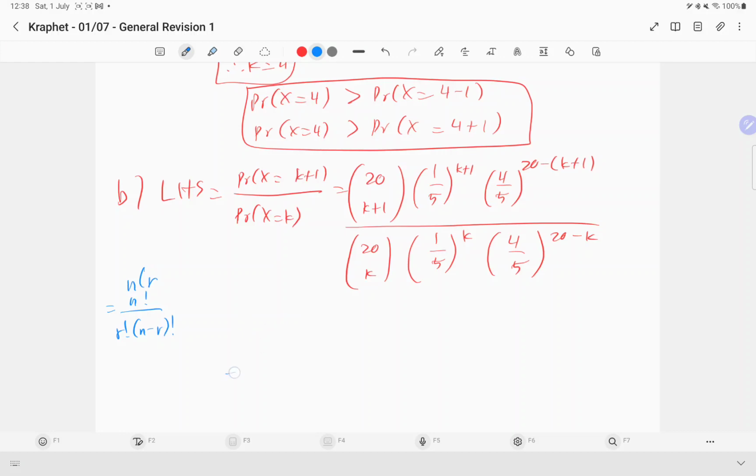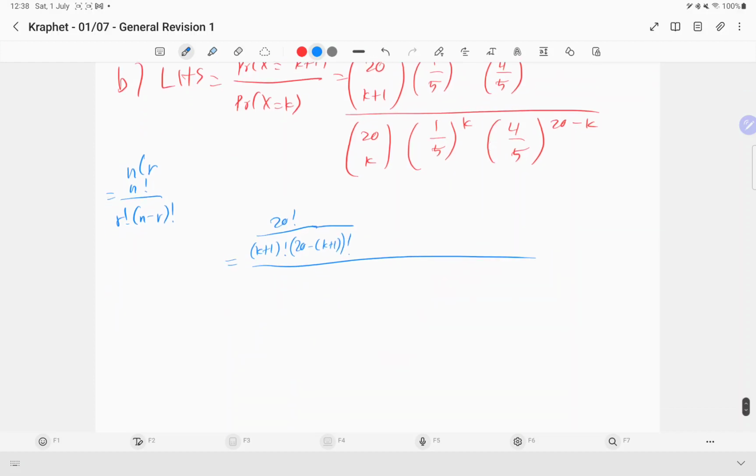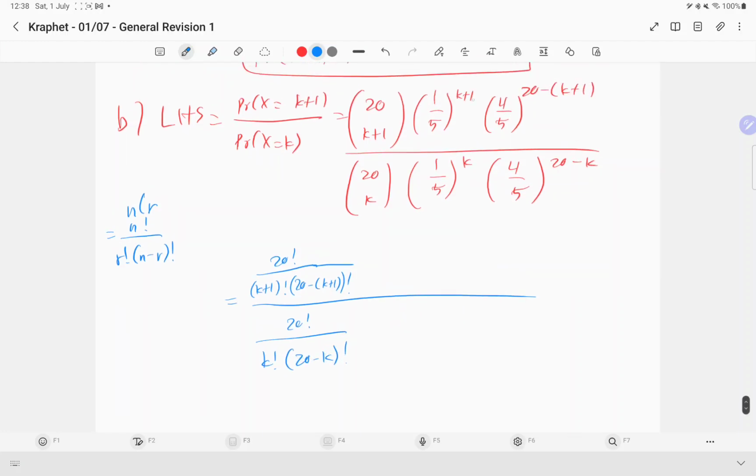So the top one, the big one, would be 20 factorial over k plus 1 factorial, and then 20 minus k plus 1, everything factorial. And then the bottom would be 20 factorial over k factorial, and then 20 minus k factorial. We'll work through that a bit later. But then the next two will be these two here.